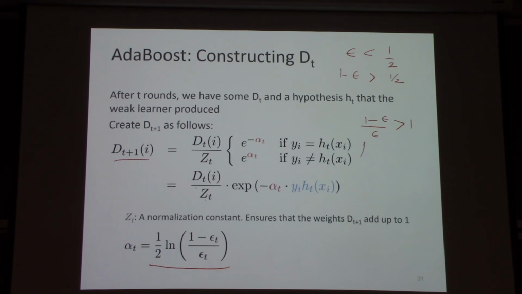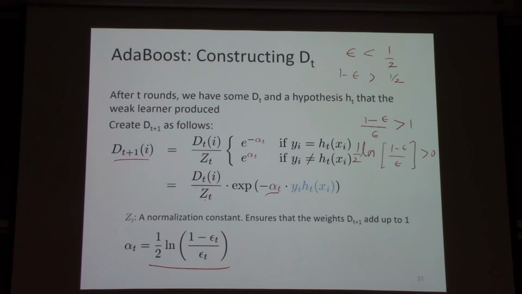Which means the log of that quantity is more than 0, and half of that is also more than 0, so this alpha is positive. I haven't proved to you that this is correct yet, but it does what we expected. If I plug in this alpha, it will decrease the importance of examples where you made a mistake on, and increase the importance of examples where you did not.